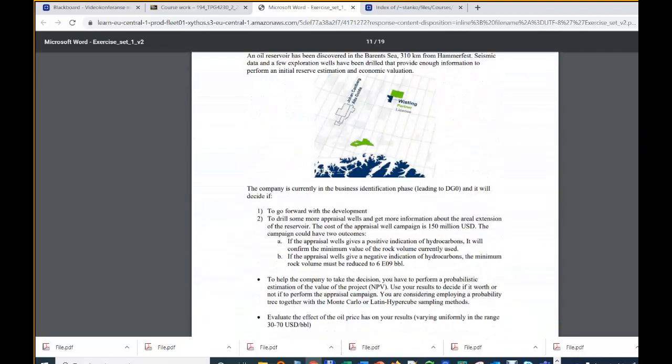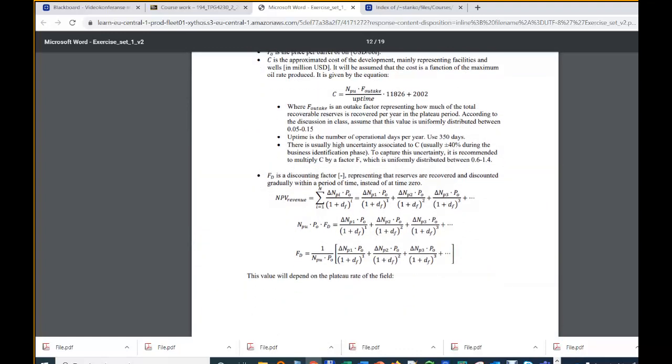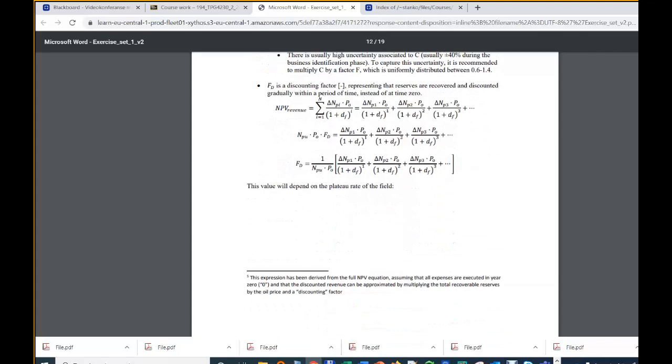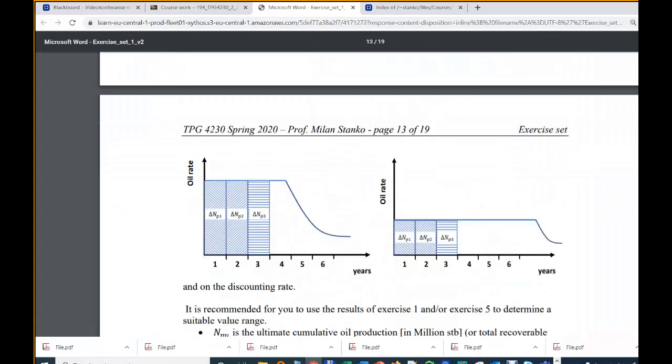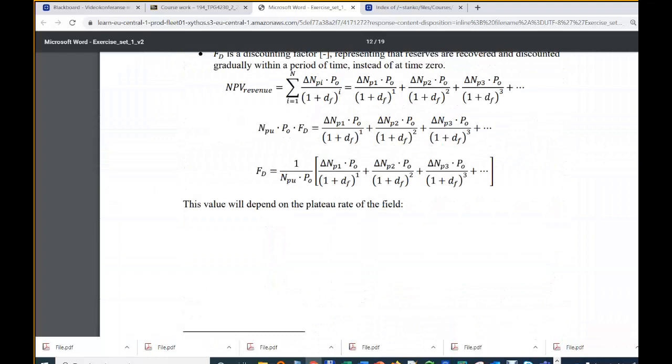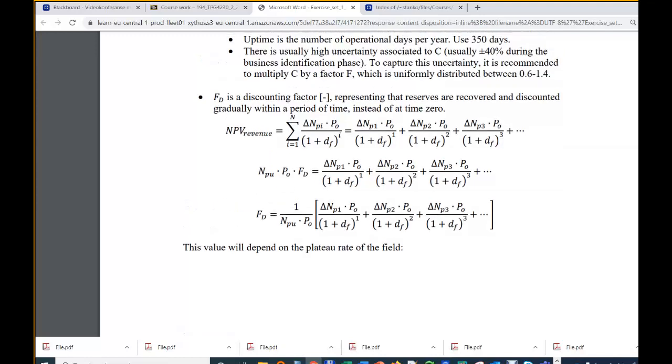I added one clarification on this discount factor, this FD. What does it mean? Using this picture, because it's a bit tricky, you have to find out what that factor represents, to be able to assume a range, and then you use a uniform distribution for problem 6.